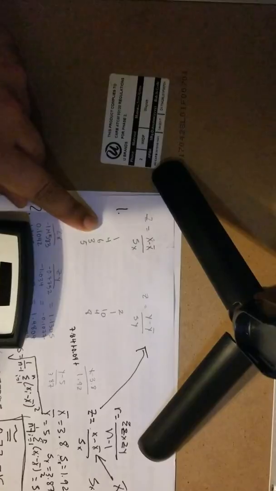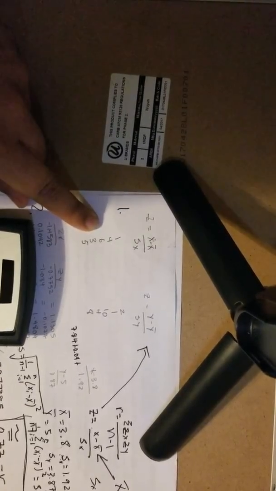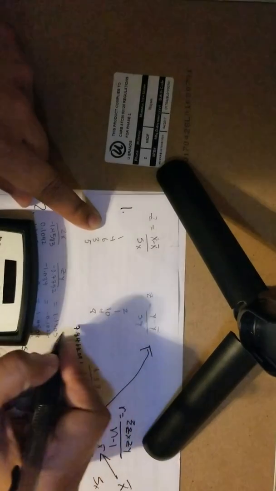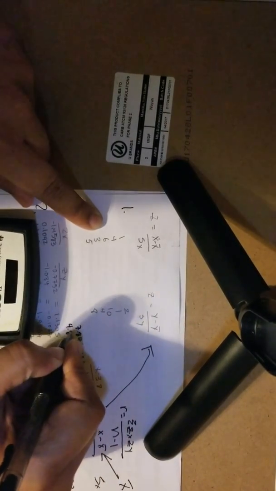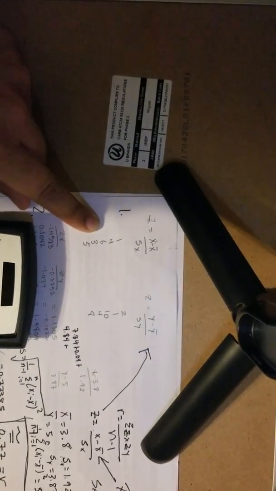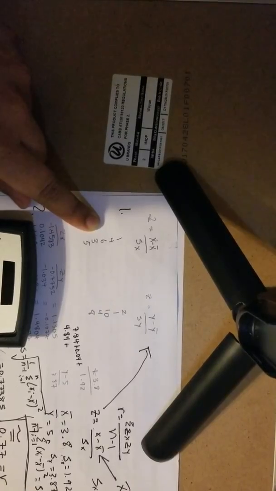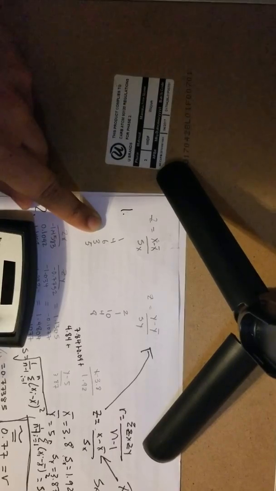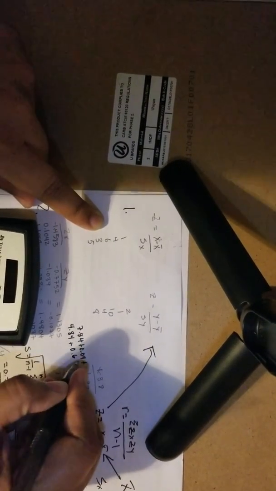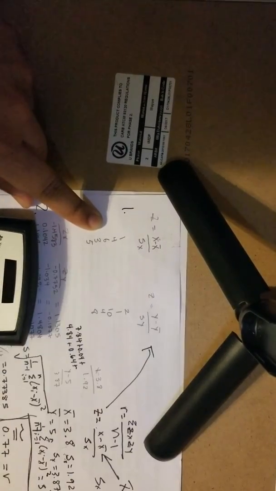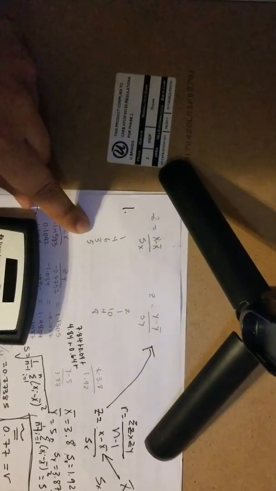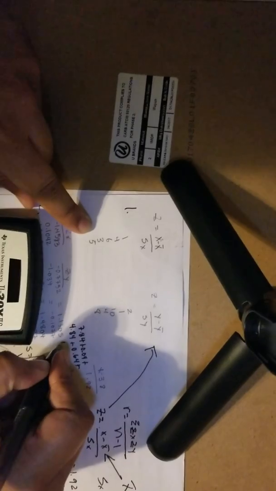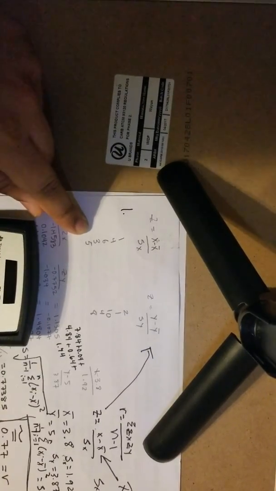Plus 6 minus 3.8, square that, 4.84, fourth number, 3 minus 3.8 squared. That's all our numbers, and then we just add them up.